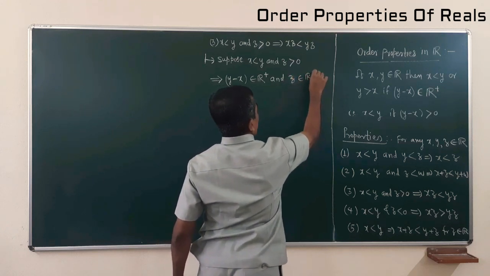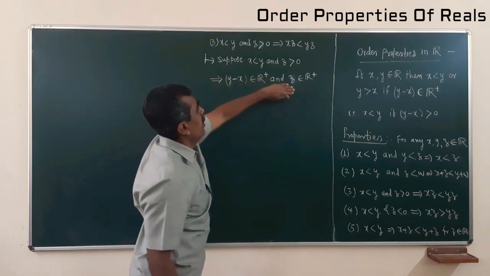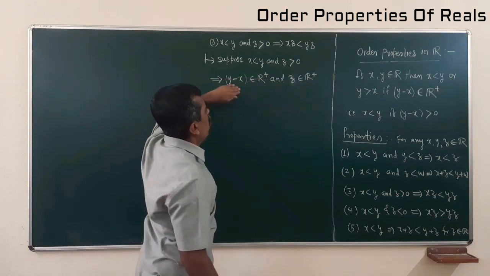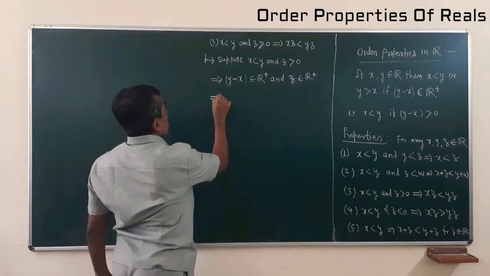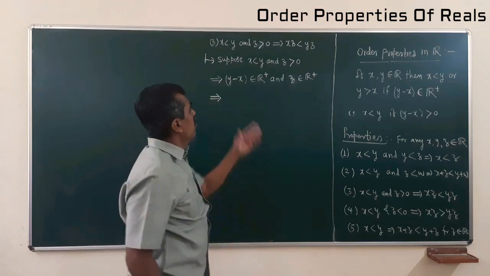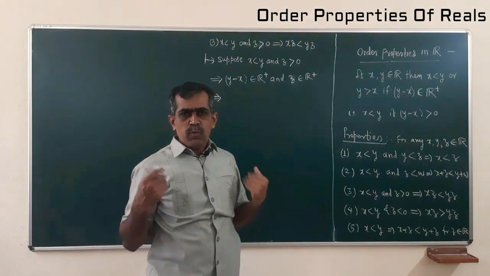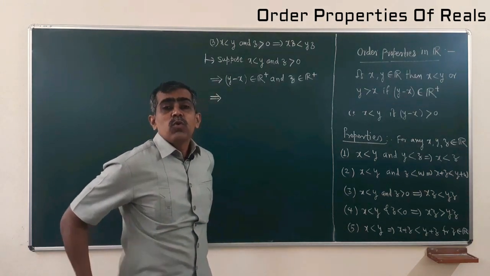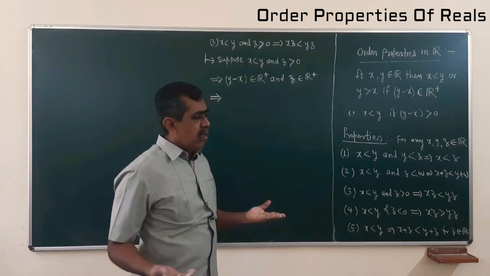Now see, I have two real numbers a and b. a belongs to R plus, b belongs to R plus. So the sum or the product of these two real numbers is also a positive real number. Now see, when to use their addition and when to use their multiplication.